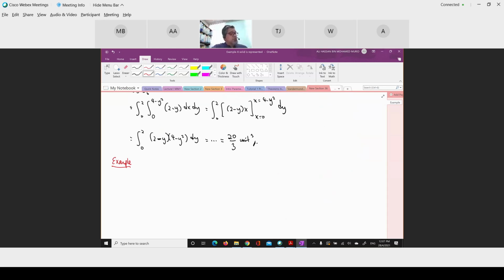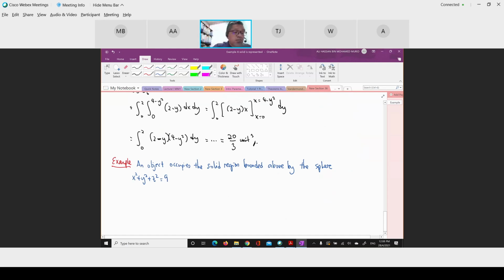Okay, let's try another example, this time related to finding a total charge. An object occupies the solid region bounded above by the sphere x squared plus y squared plus z squared equal to 9, and bounded below by the xy plane.